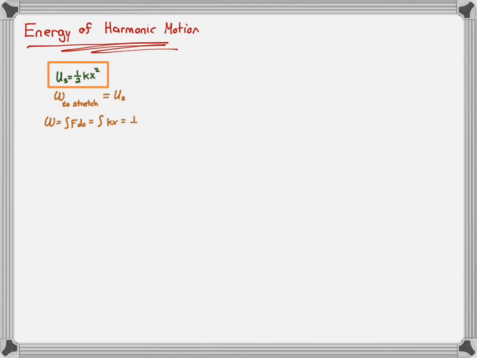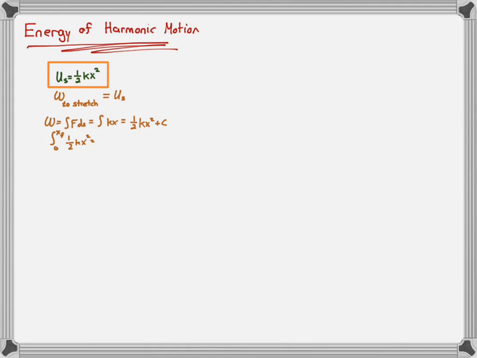And the work formula is the integral of force with respect to position. Since the equation for the force needed to stretch a spring is equal to kx, we find the integral of that and we have 1/2 kx squared plus c, which is the change in how much work we've done.